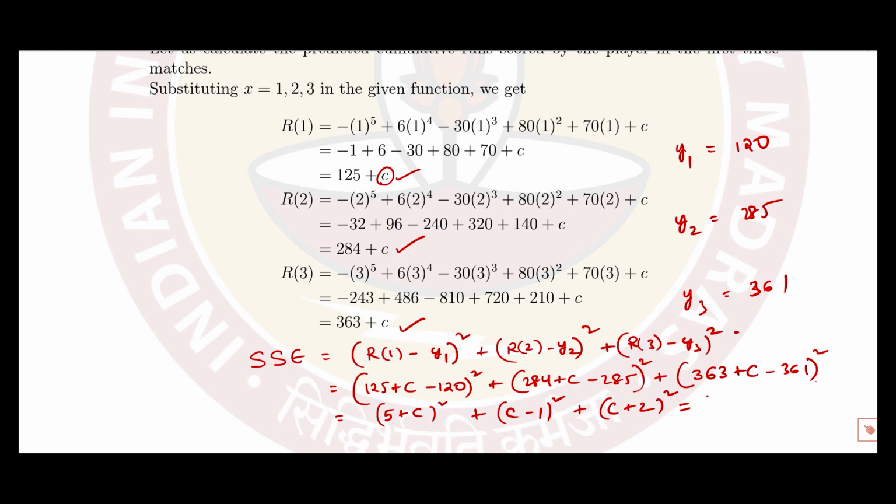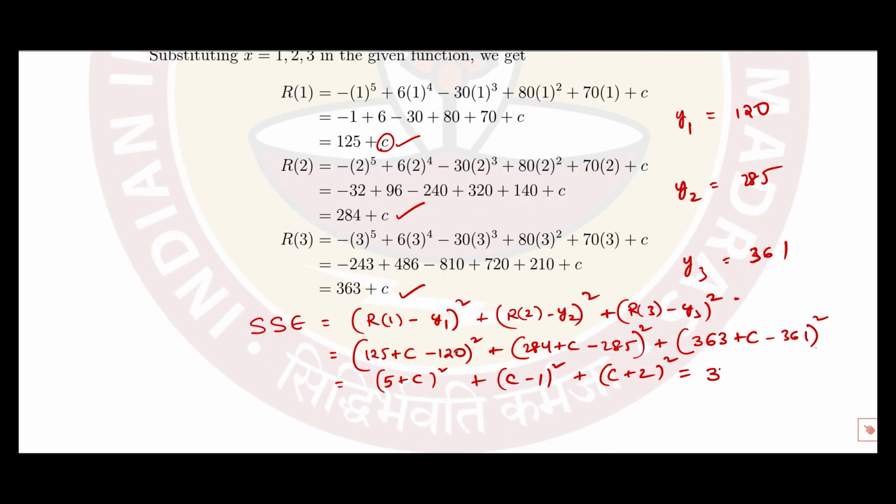So if you simplify this, we get 3c^2 + 12c + 30. So this is a quadratic equation, and we have to find the value of c such that this is minimum. We know that a quadratic equation has a minimum value at the vertex point. The vertex point can be calculated by using this formula, -b/2a, if the quadratic equation is of the form ax^2 + bx + c.